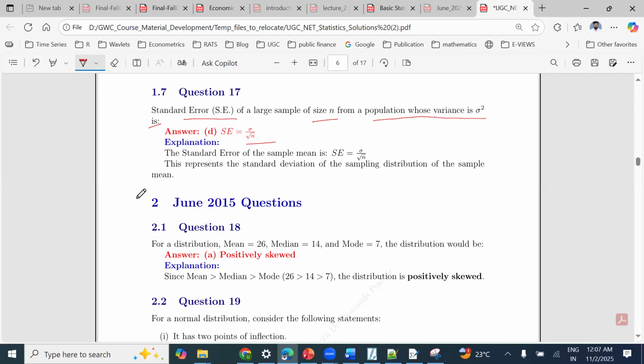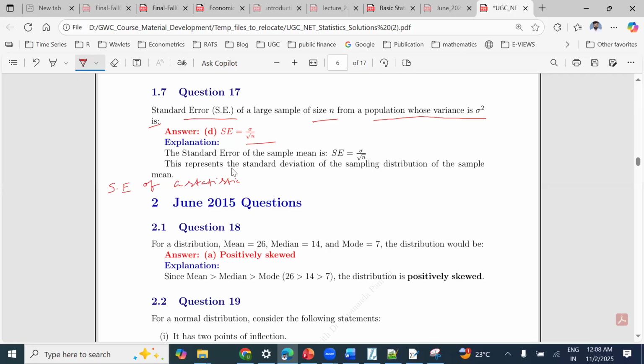First of all, let me break this down. Now, Madhusudha, you can tell what is standard error. The standard error means how the sample mean is far different from the population mean. First, you should know the standard error of a statistic. A statistic means whatever we calculate from the sample values.